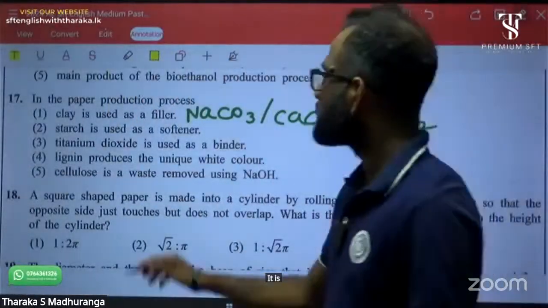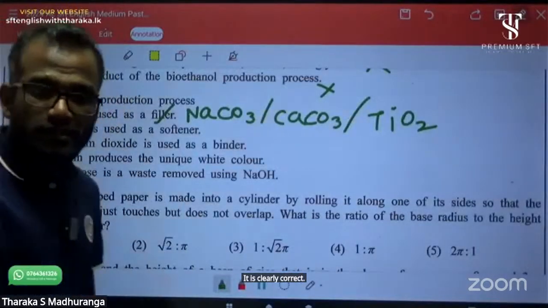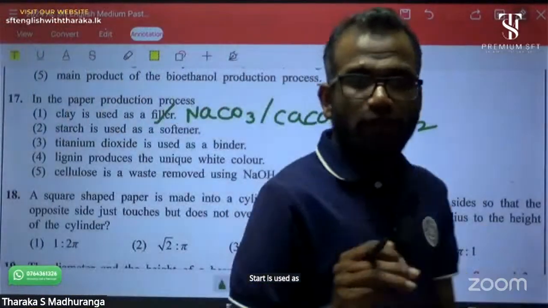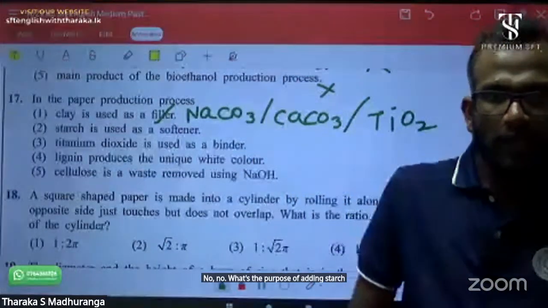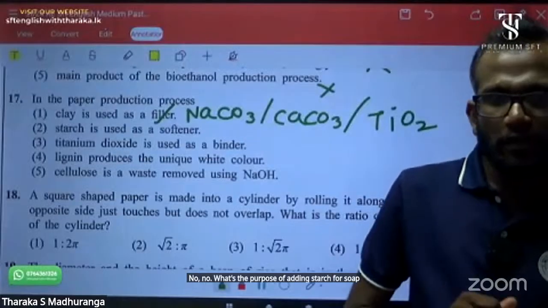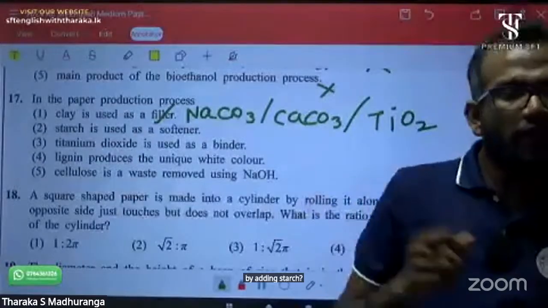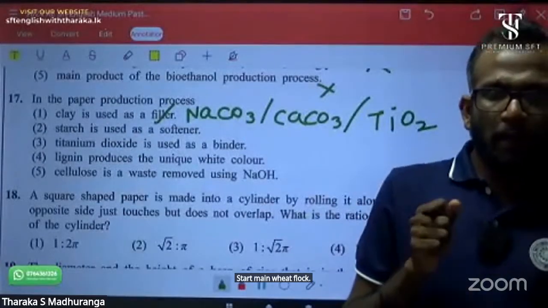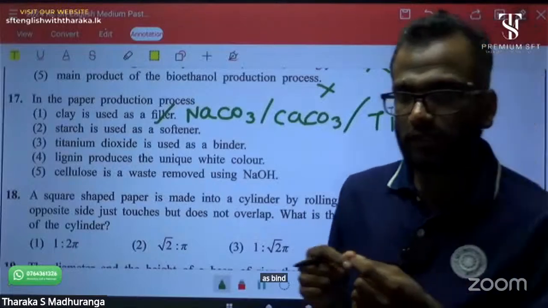That is clearly correct. Starch is used as a softener? No. What is the purpose of adding starch in paper production? Can anyone say, Joel? Kabir? Why are we adding starch? Starch means wheat flour. As a binder. Very good, as a binder.